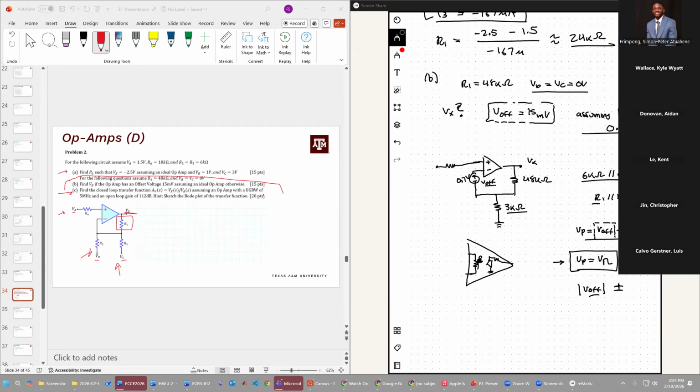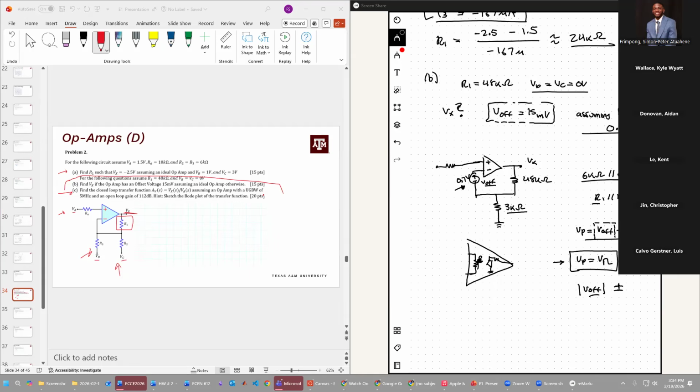That's how you know which side to place the voltage source. So if there's a positive offset, if I'm not mistaken, I think you have to add it to VP. But that's a good question.